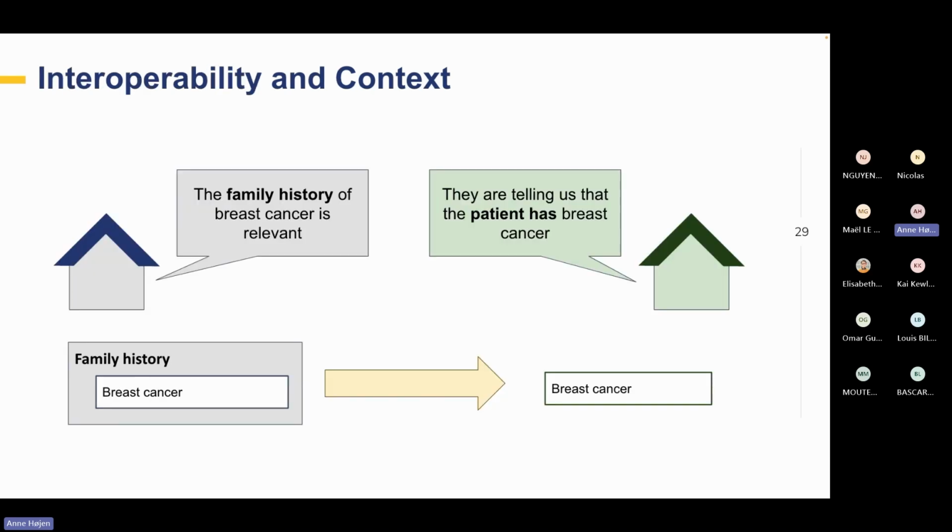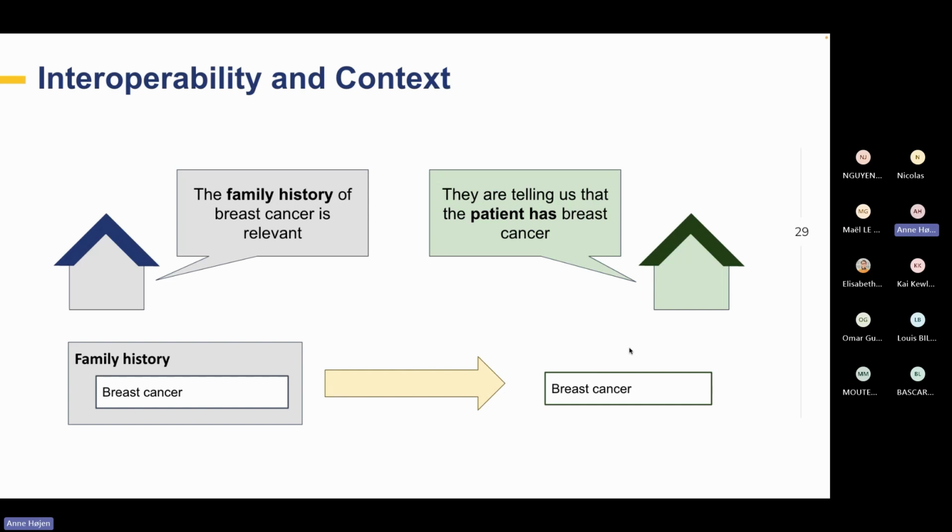Because imagine this, we are transferring this patient with a family history of breast cancer, and we're just sending the codes to the other organization. Because over here in the sending organization, we have, okay, the family history of breast cancer is relevant, so we need to send that information, so we forward the code.